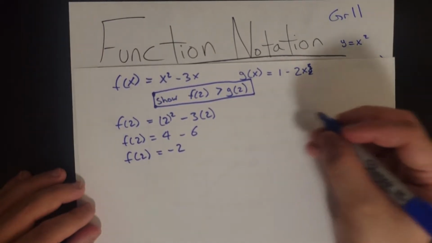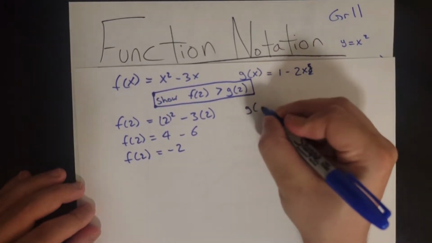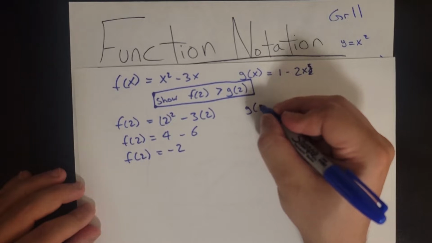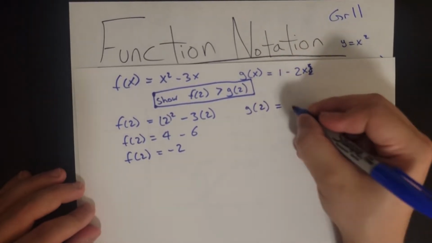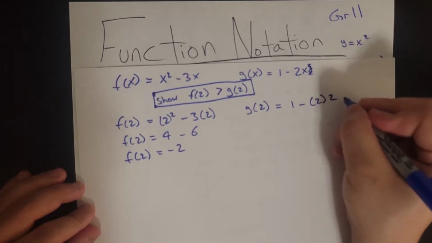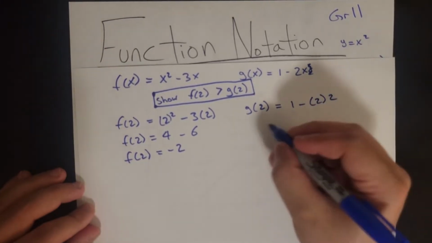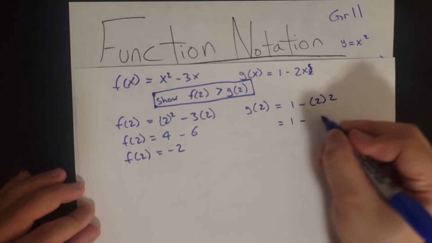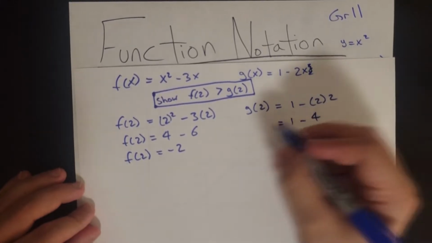Now we can do g of 2, which is 1 minus 2 times 2, which is 4.